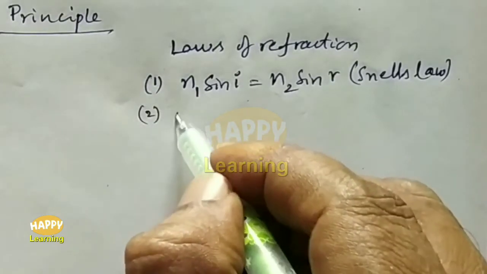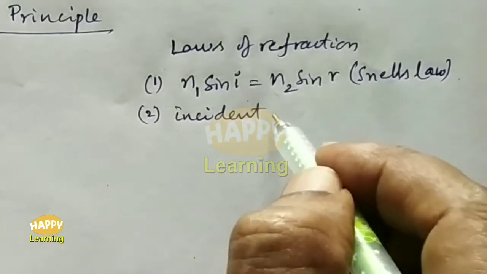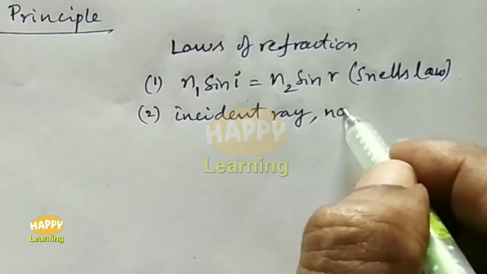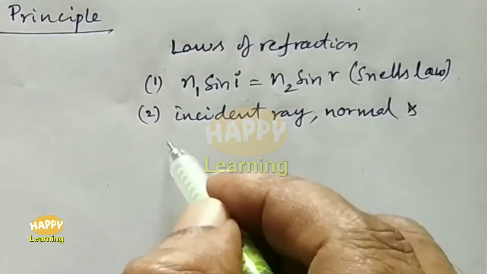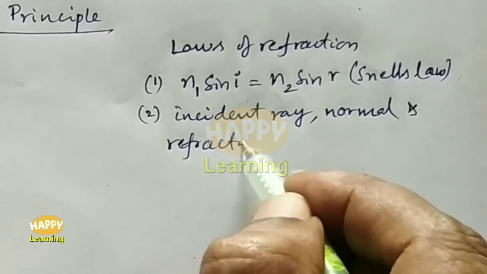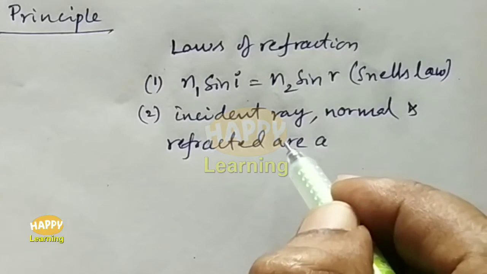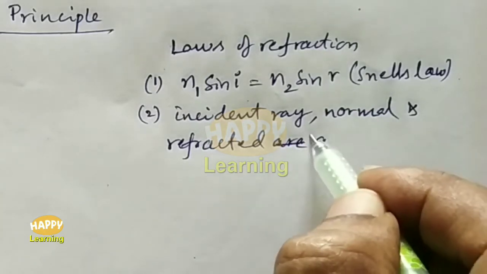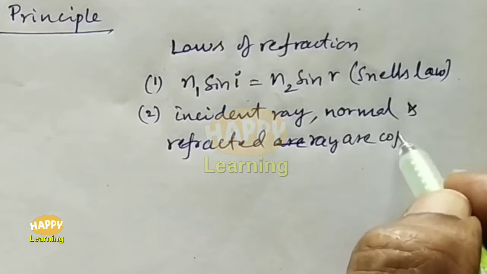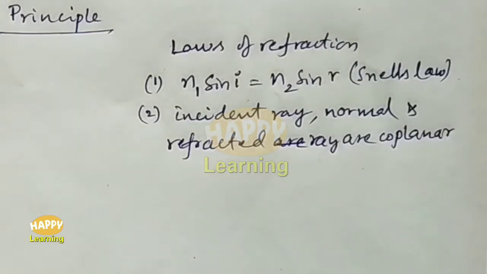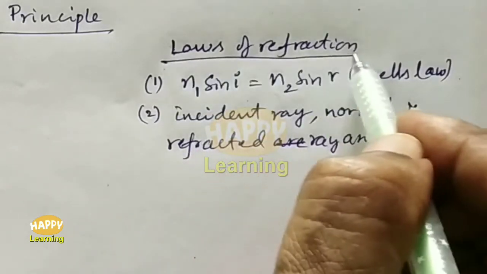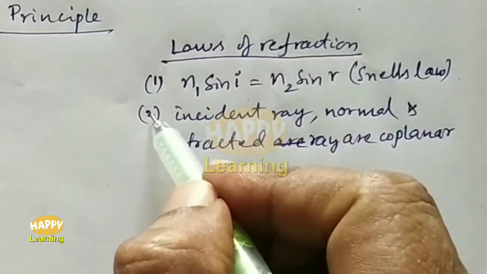Number two is incident ray, normal and refracted ray are coplanar. Okay, these are the two laws of refraction, 1 and 2.